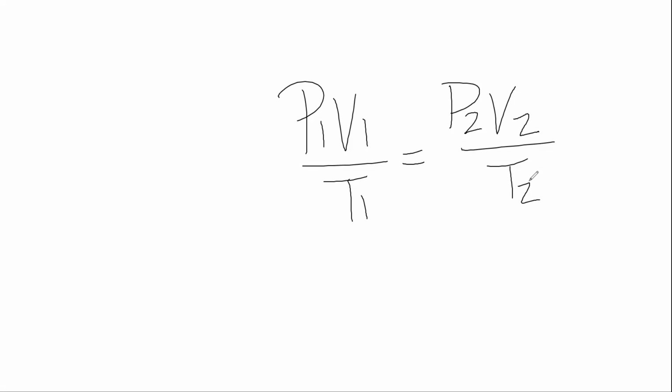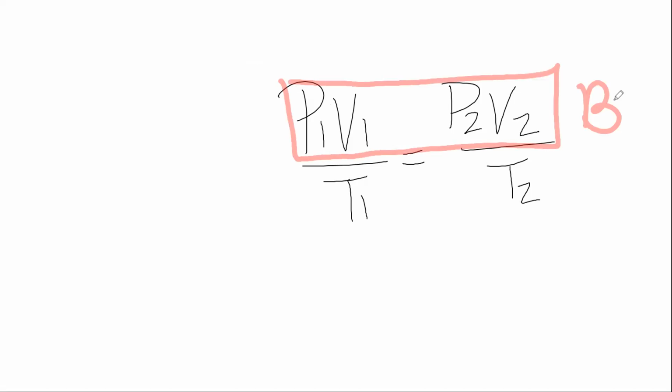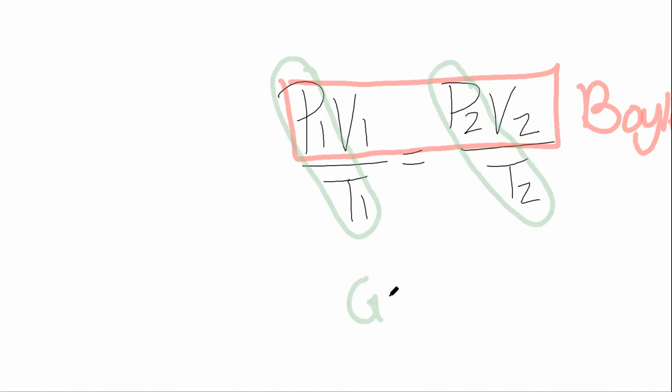in this. If you go for the top, P1 V1 equals P2 V2, that's Boyle's. If you go P1 over T1 equals P2 over T2, that's Gay-Lussac's.